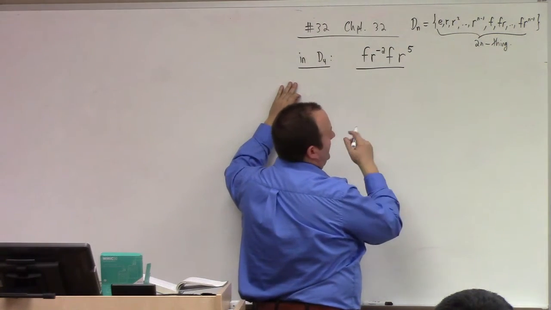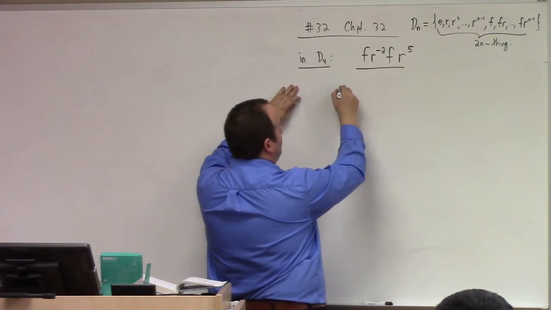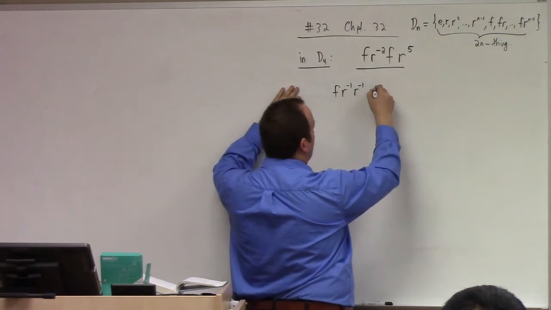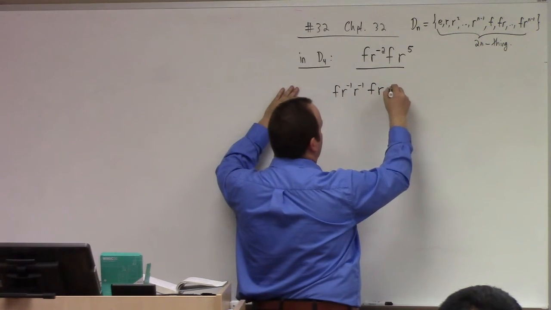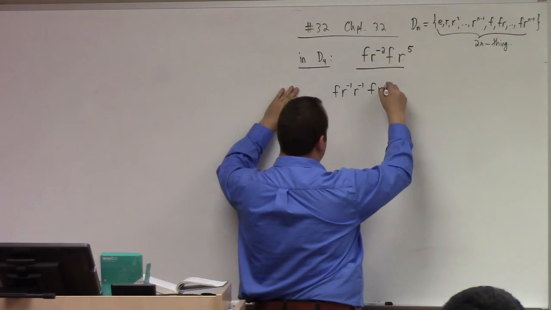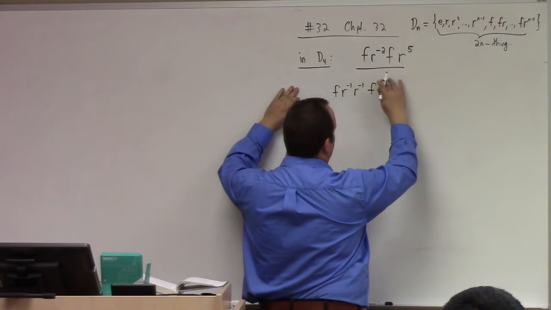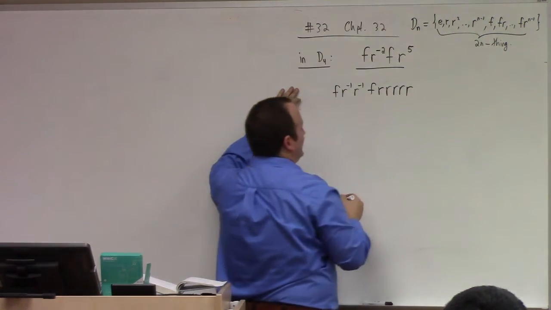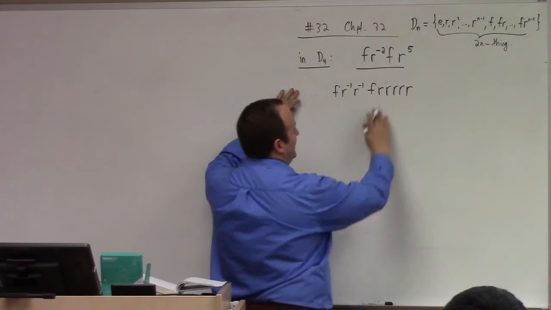Okay, so I want to take this, right? I'm going to rewrite this as R inverse, F, R, R to the fifth. I don't know if that's helpful or not. Let me just go back to this.